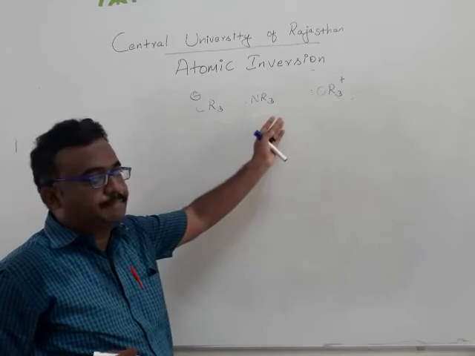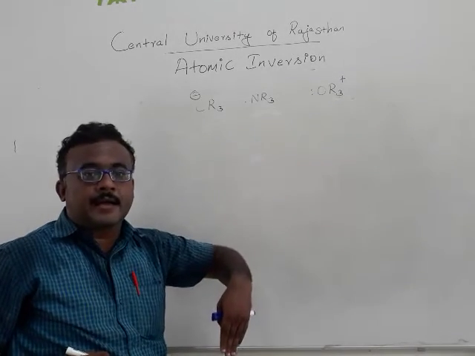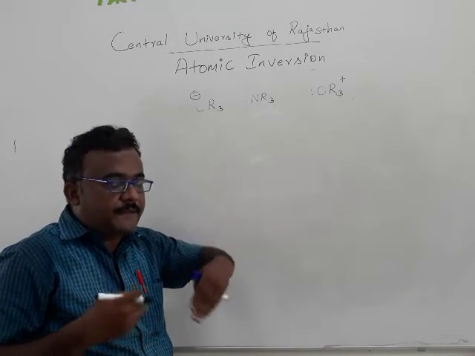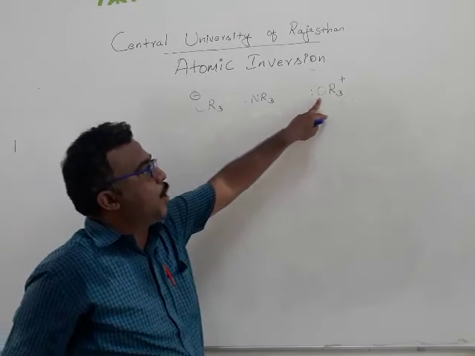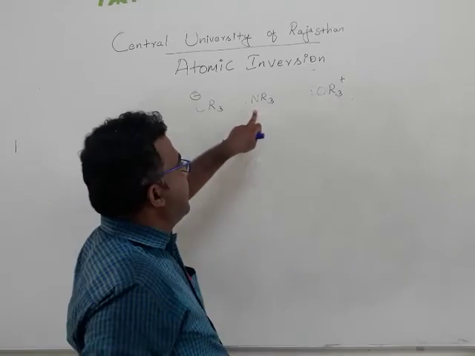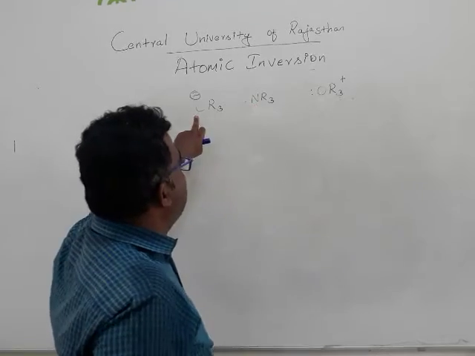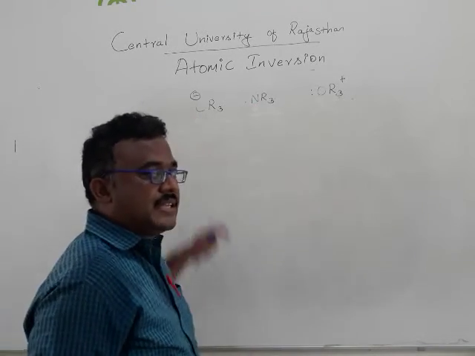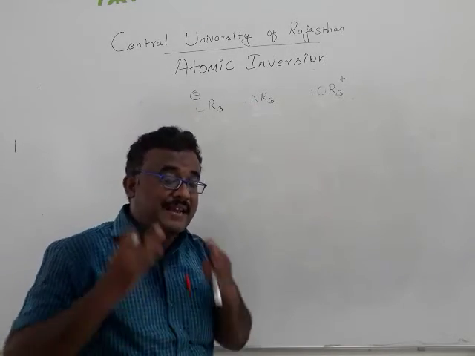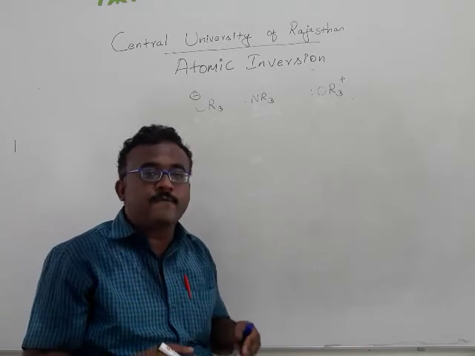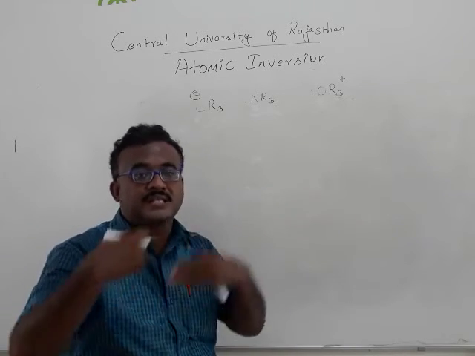When you compare these molecules with their family members, for example oxygen with sulfur, nitrogen with phosphorus, carbon with silicon, what will happen? I already said that the inversion barrier energy increases when you go down from the first row to the second row.